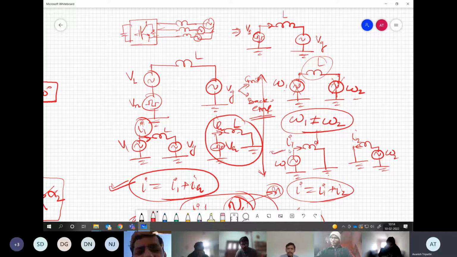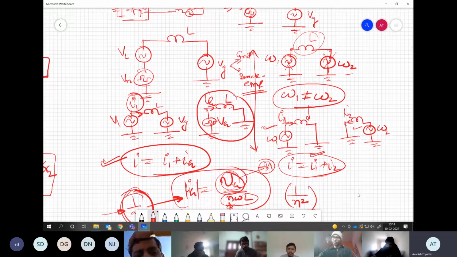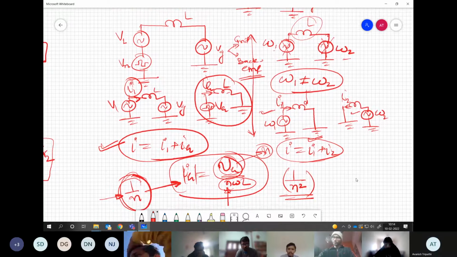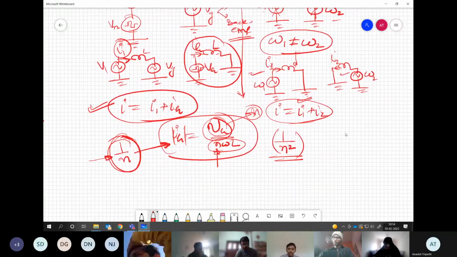So we need two different circuit realizations for solving this, and the currents corresponding to both voltages we need to add in a phasor sum manner. Of course the phasors will also be moving at different speeds, so we need to take care of that also. Up to this point the things are clear to all of you?